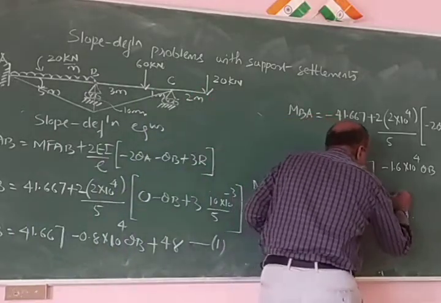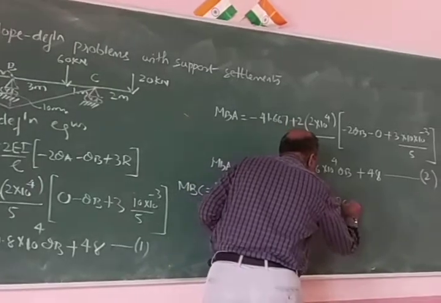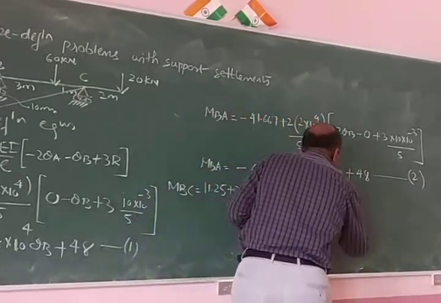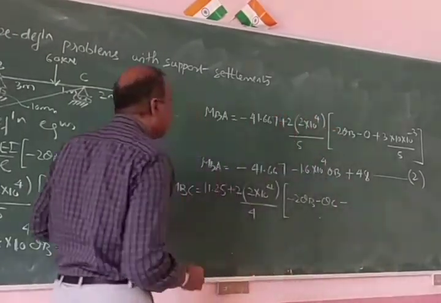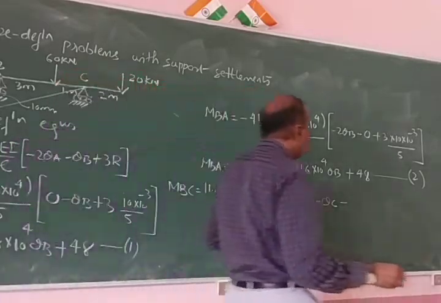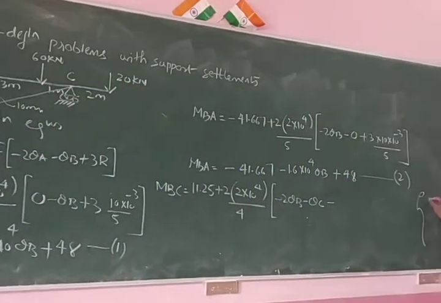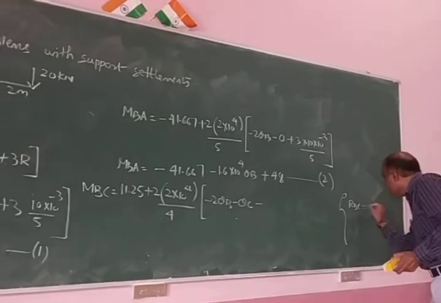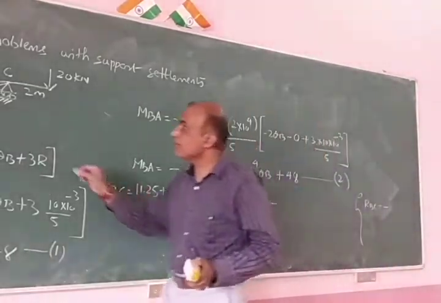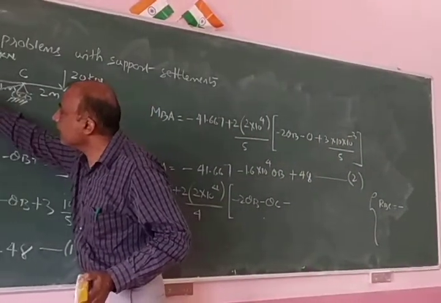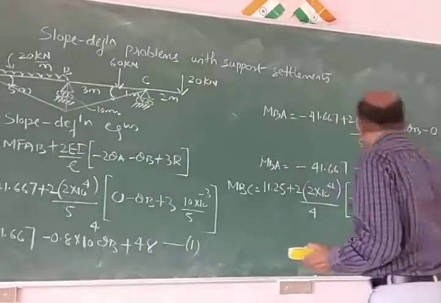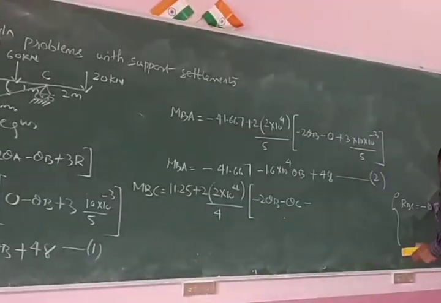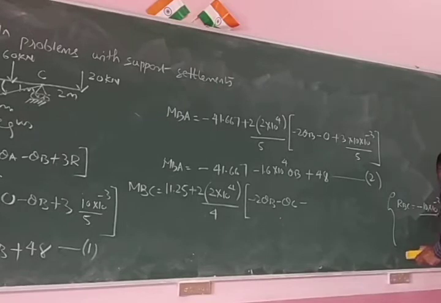Minus 2 theta B minus theta C plus 3R. So what is R of BC? R of BC, I will just explain here. R of BC will be equal to negative, because you can see here this is R of BC. It is negative delta upon L of BC, 10 into 10 to the power minus 3 divided by 4. So this is R of BC.